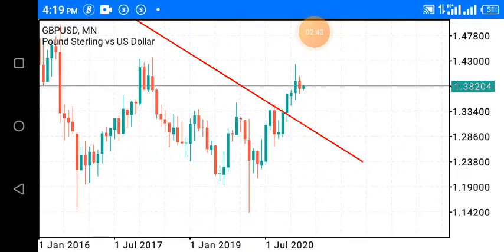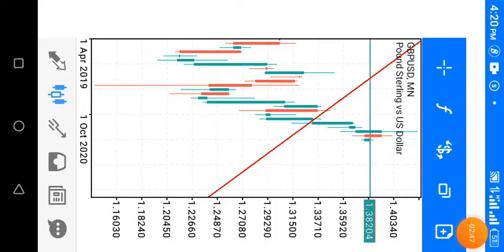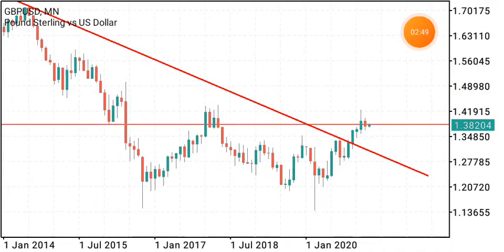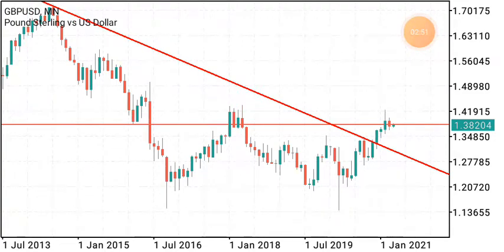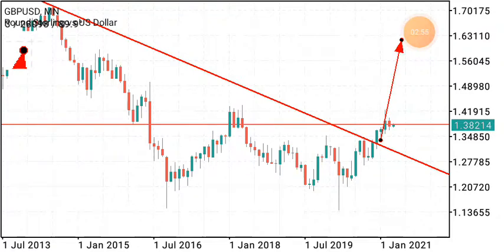So now GBPUSD had, some months ago, broken through our downward trend line, which means that possibly the price is gonna rally up now. So what we expect is to buy in the long term.